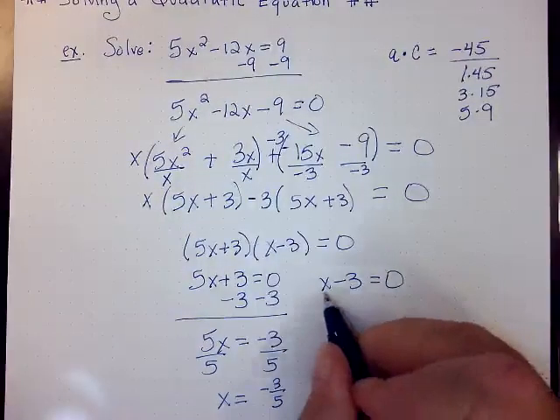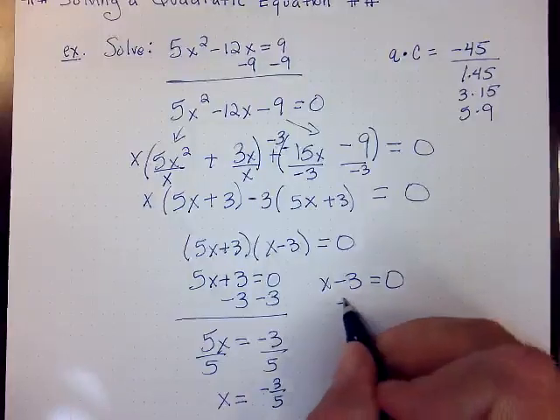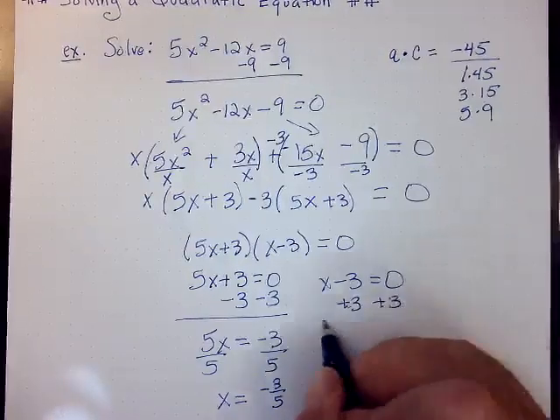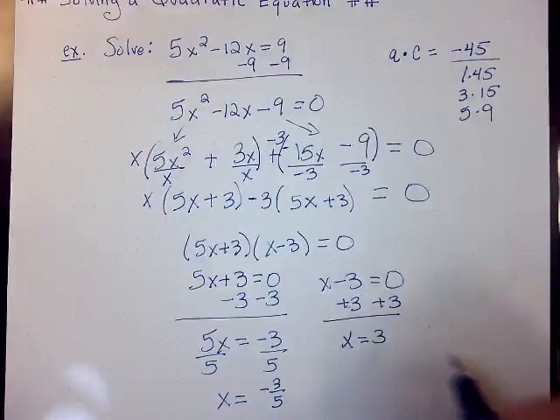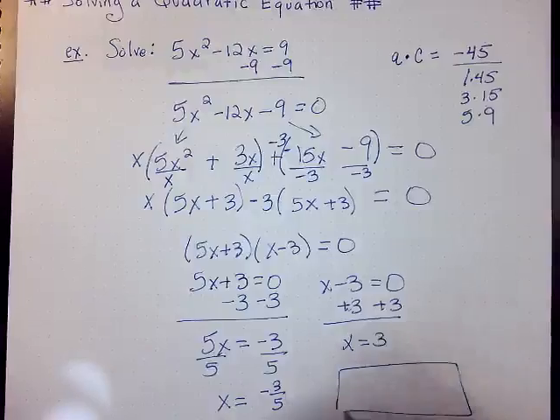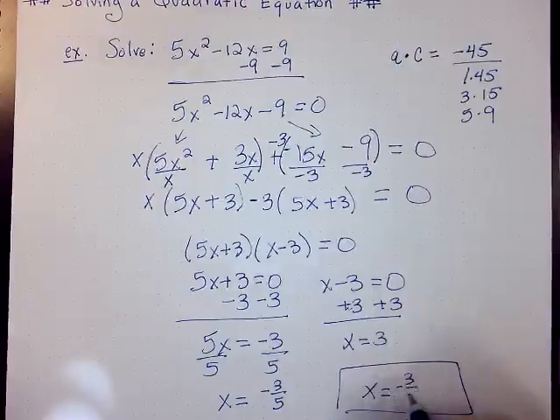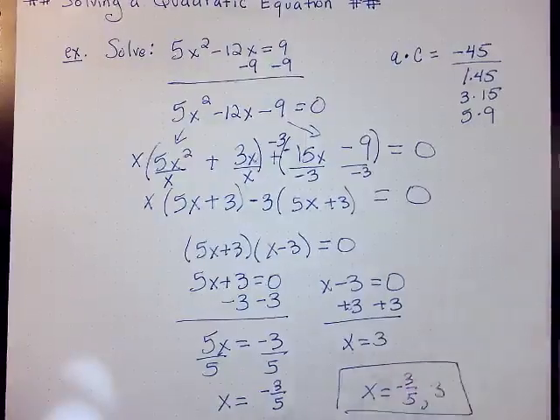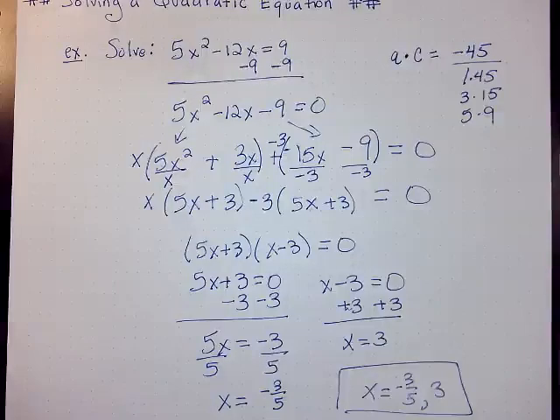On the right side, x minus 3 equals 0. I'm going to add 3, and I would get x equals 3. So my solutions would be x equals negative 3/5 and 3. The order of these do not matter, so you could certainly write 3 and negative 3/5. And that's how you would solve a quadratic equation.